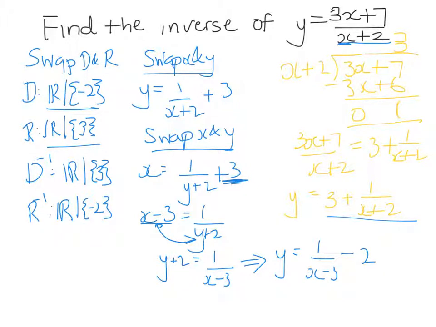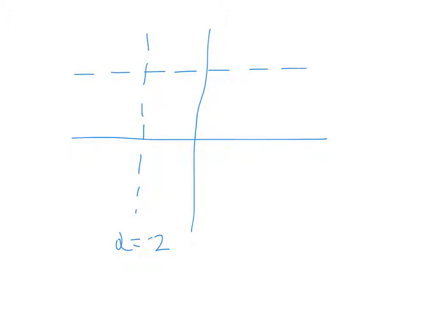Now that kind of makes sense, because if I try to sketch it there, and I sketch my original in blue, the asymptotes would be at x equals minus 2 and y equals 3, and our graph would look like this. But if we were to find the inverse, it had an asymptote across here, that should be y.